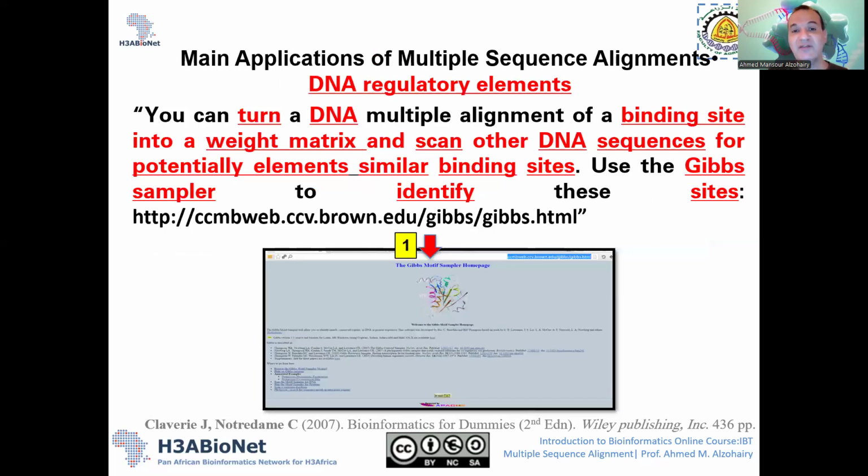Also, if you are using DNA, you can find DNA regulatory elements by using the DNA sequence.